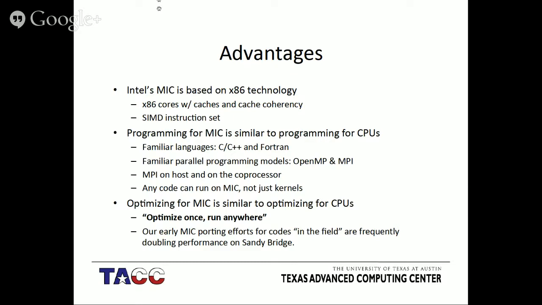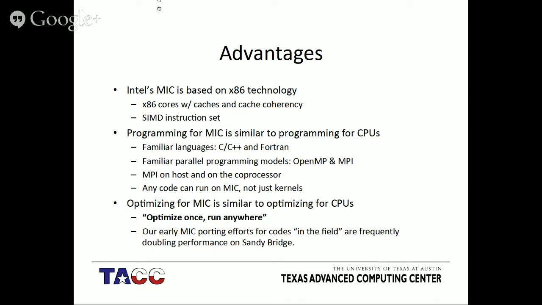And here, that's also a difference compared to a GPU. You can run a complete MPI task on the MIC. So when you start your MPI tasks on a cluster, you can put complete MPI tasks on the coprocessor, which means you can run your complete code with I/O and everything on the coprocessor.